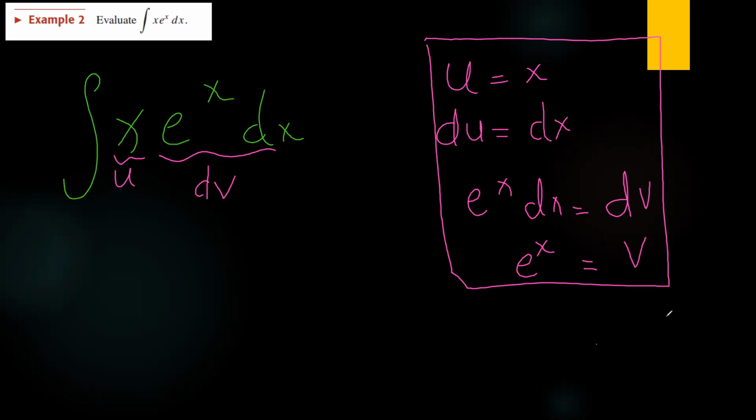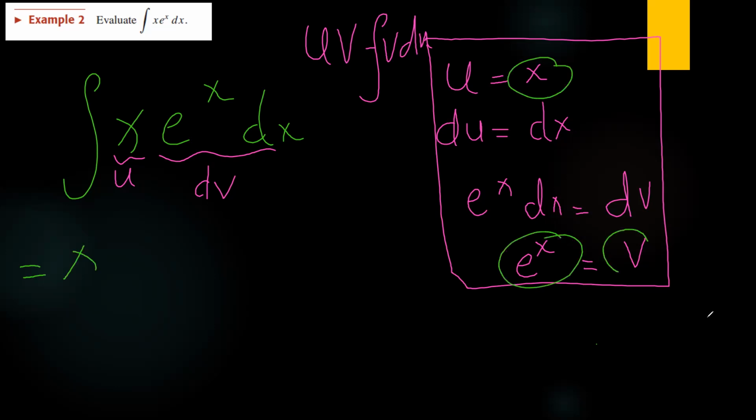After I have these ones here, let's now come back. Let's remember that it is uv minus integration of v du. Then u times v, this is u, and this is v, minus integration of v times du, which is dx.